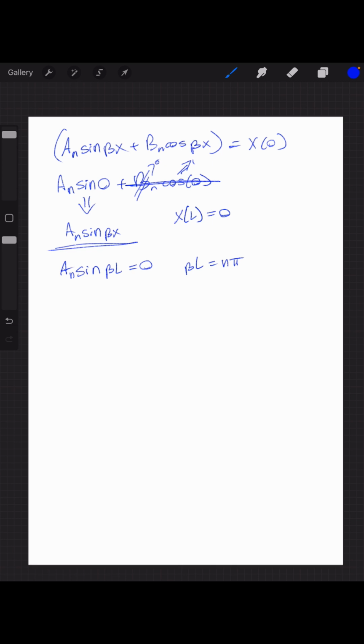If we divide over L, we can say that beta is n pi over L. So the solution for X would be a_n sine n pi over L x.